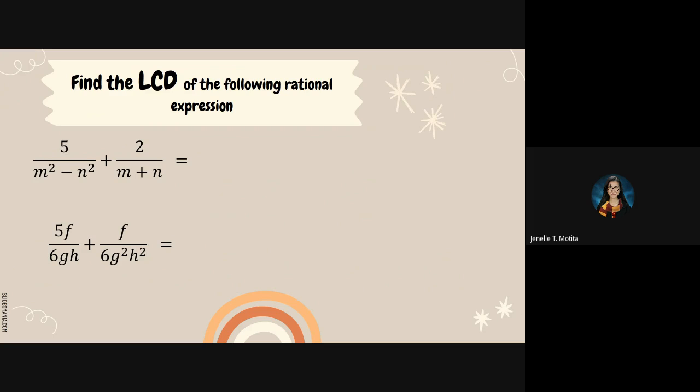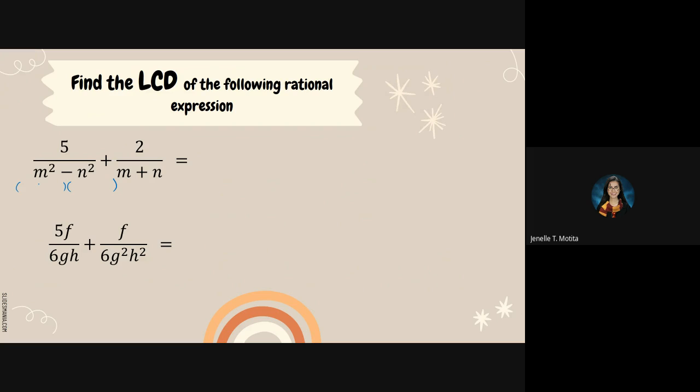Next, we have this 5 over m squared minus n squared plus 2 over m plus n. First, let's factor m squared minus n squared. This is an example of difference of two squares. How to get the factors?